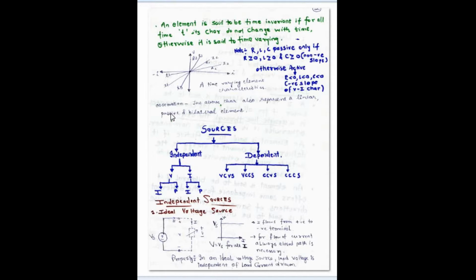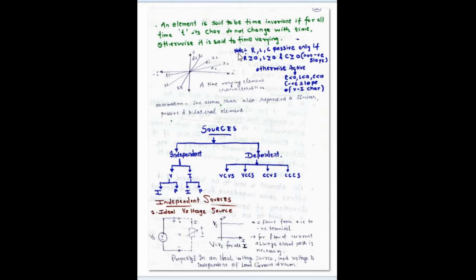And bilateral, why? As I just explained, the impedance will be the same throughout; it will be symmetrical with respect to the origin. So this was one example of a linear, passive and bilateral element, and also a time varying element, since the magnitude is changing with respect to time.